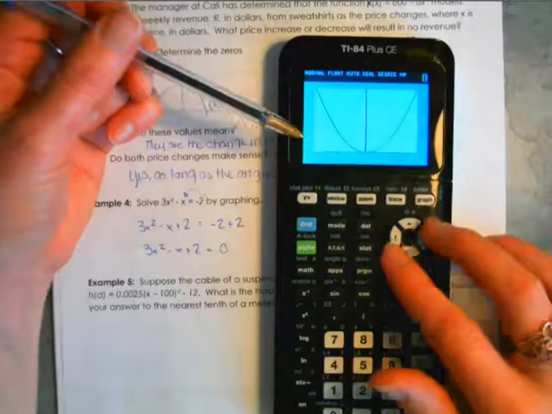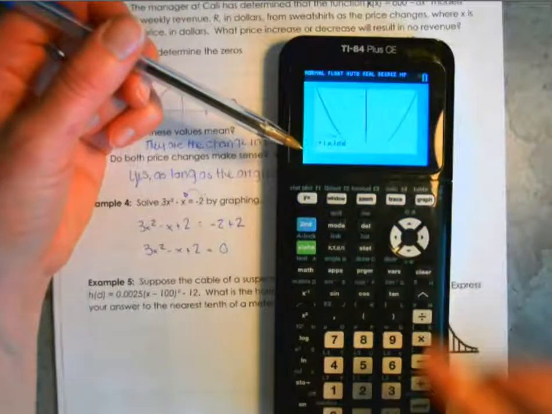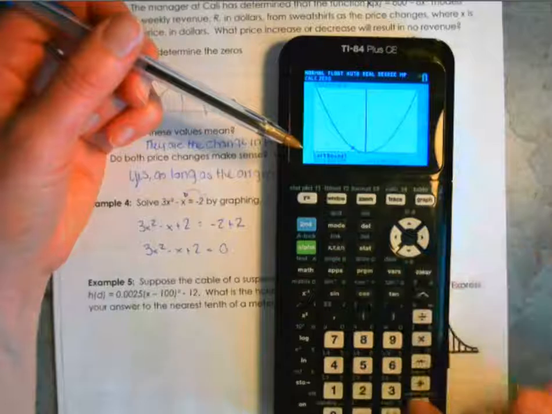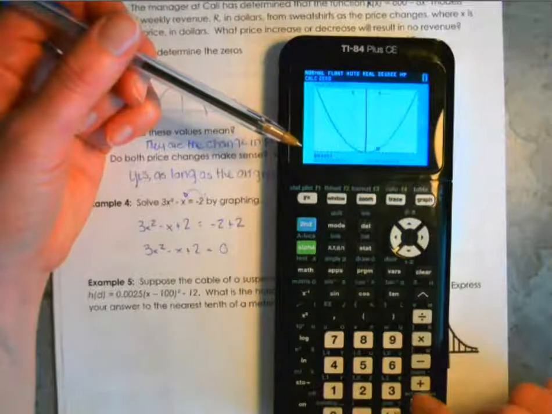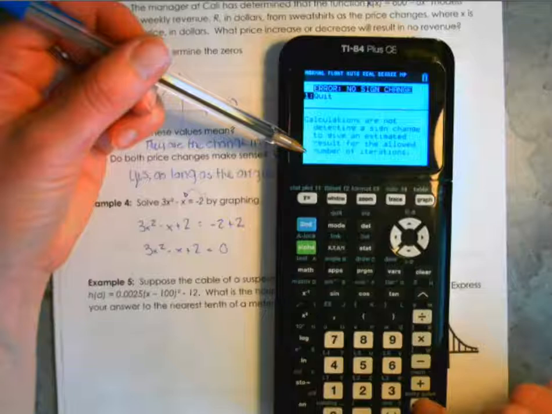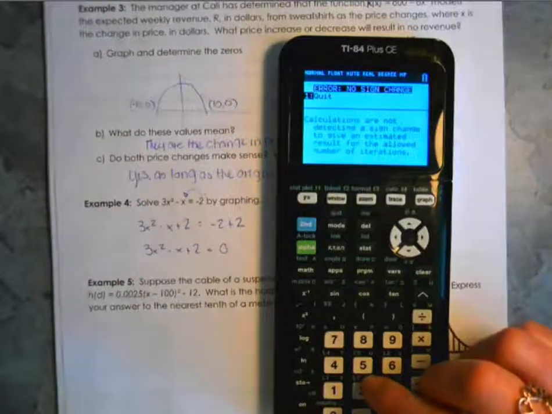What's going on there? Let's see. Second function 0, left bound, right bound. No, calculations are not detecting a sign change.